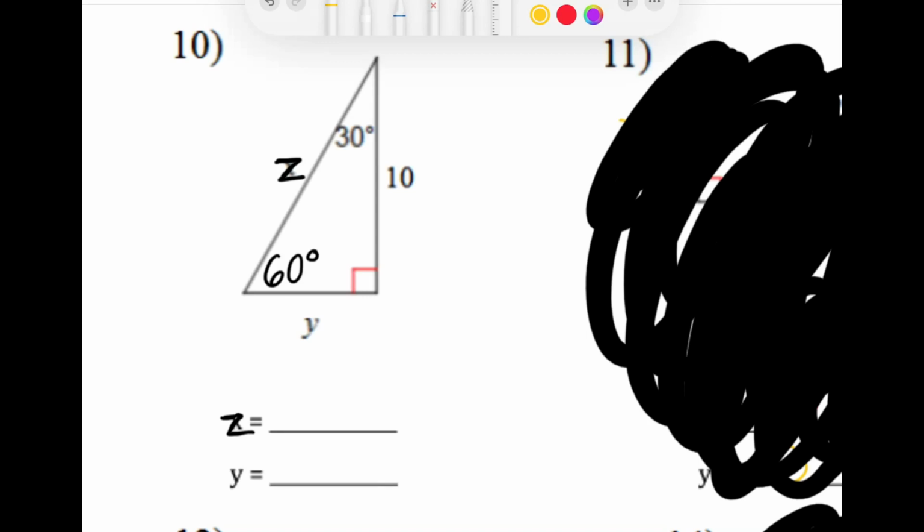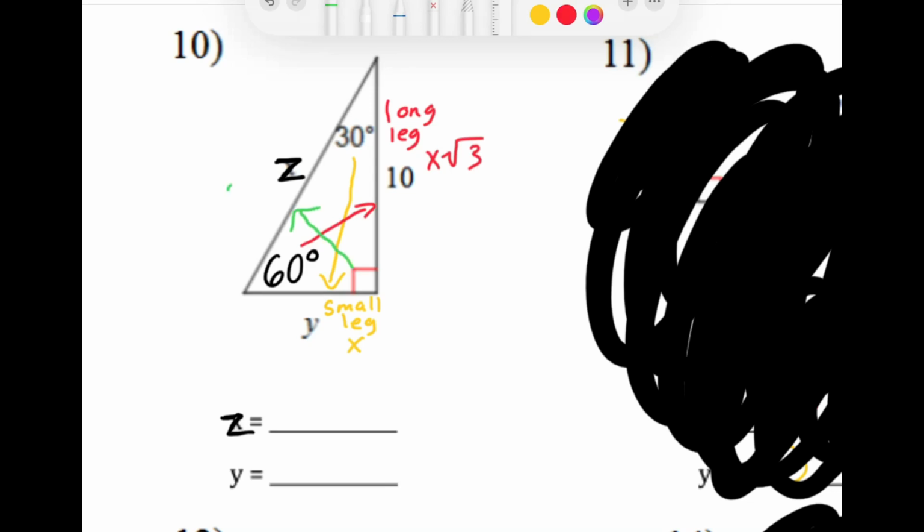The smallest side, across or opposite from the smallest angle, is always the small leg. It's always your x. Your other leg, across from your next smallest angle, is the long leg, and this is your x times the square root of 3.